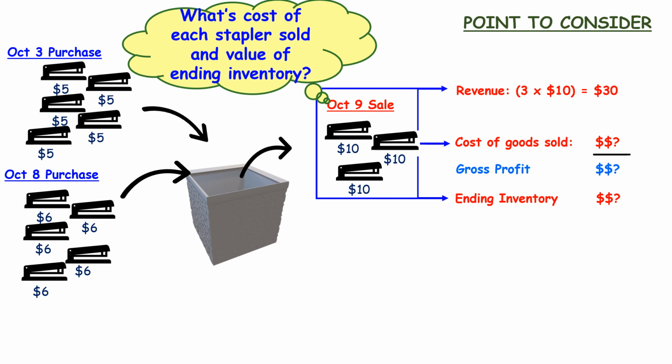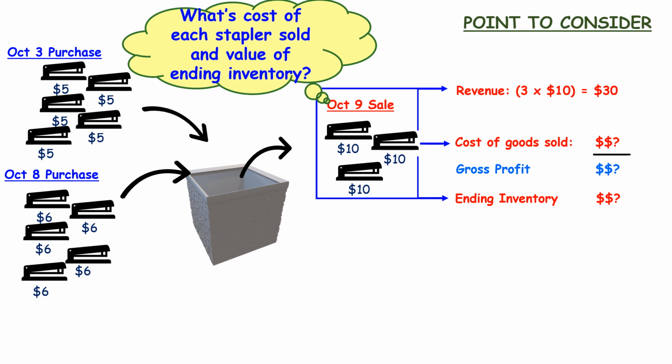Now, two things make it difficult to answer what is the cost of those 3 staplers that I sold. When a customer came in to purchase these 3, I picked them up from this box. So now the question is, did I pick up $5 staplers or $6 staplers to give to the customer? I don't know.